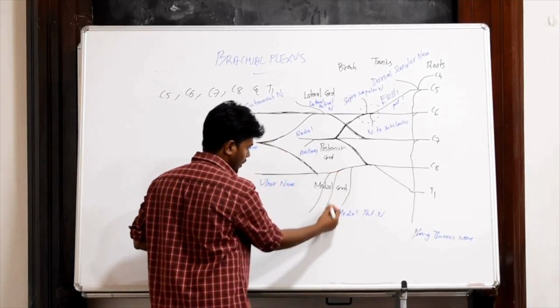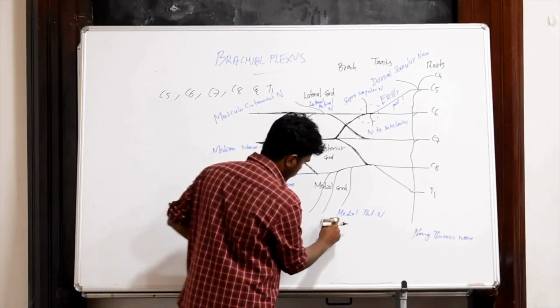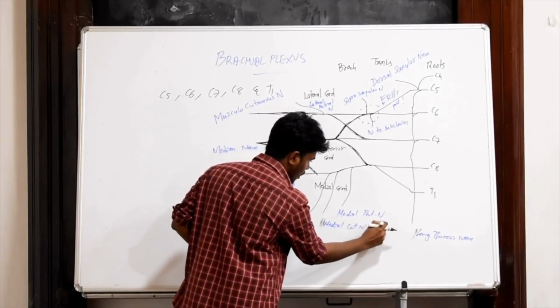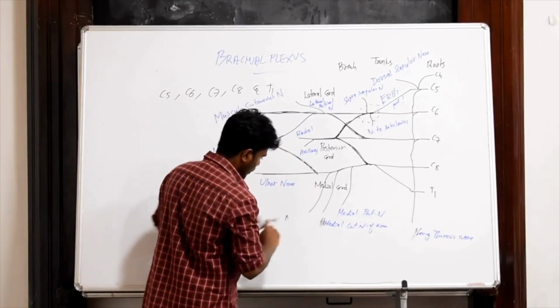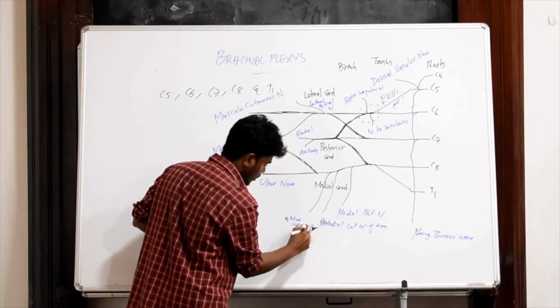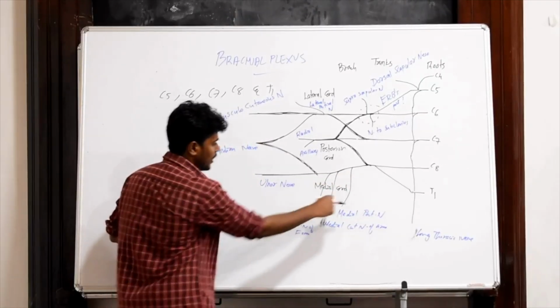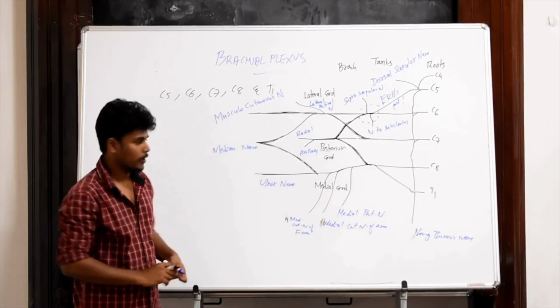The first one is called the medial cutaneous nerve of arm, and the next one is called the medial cutaneous nerve of forearm. So the medial nerves are the medial pectoral nerve, the medial cutaneous nerve of arm, and the medial cutaneous nerve of forearm.